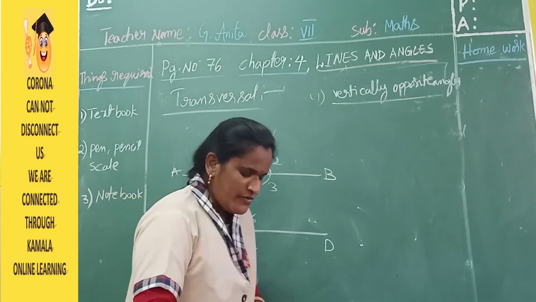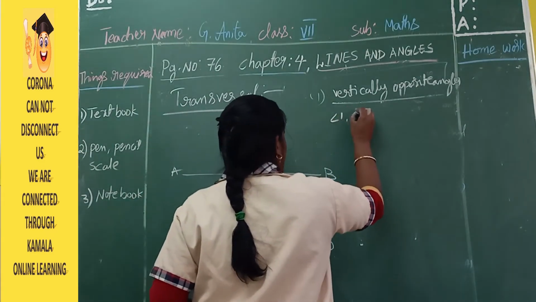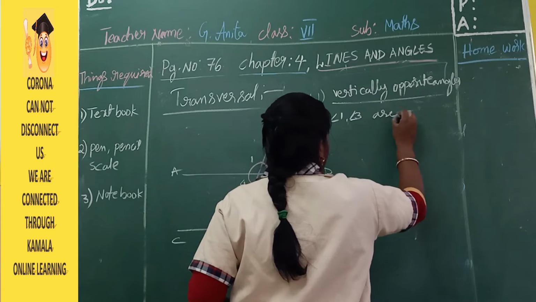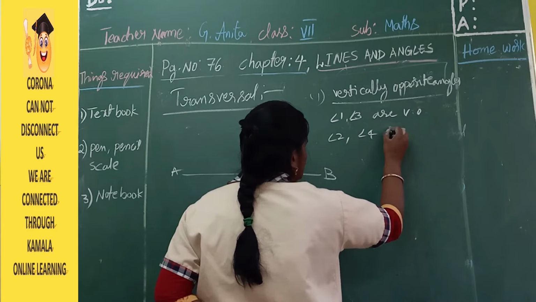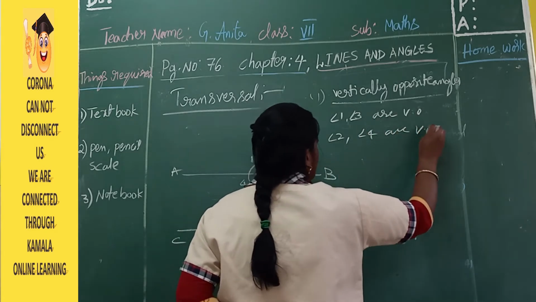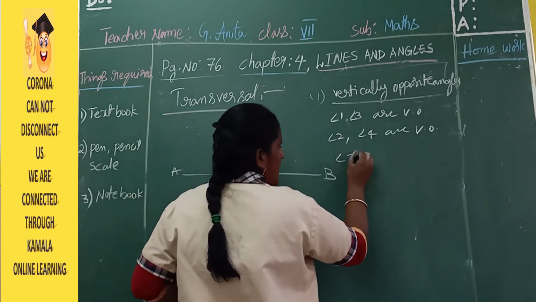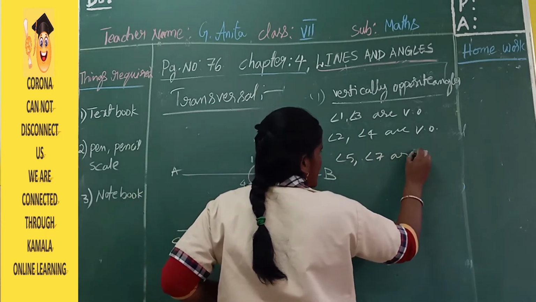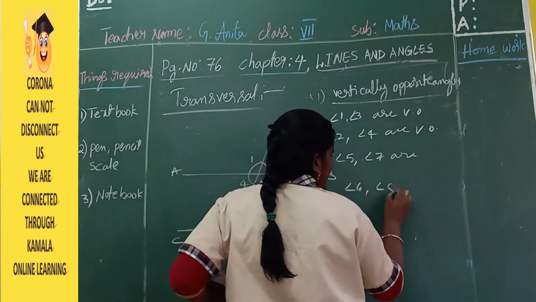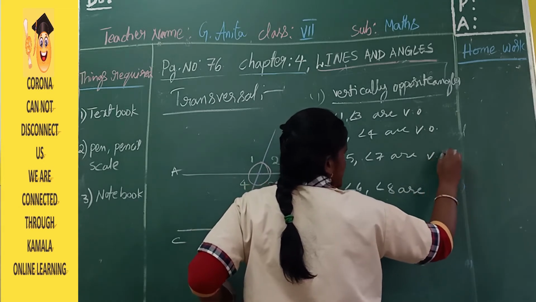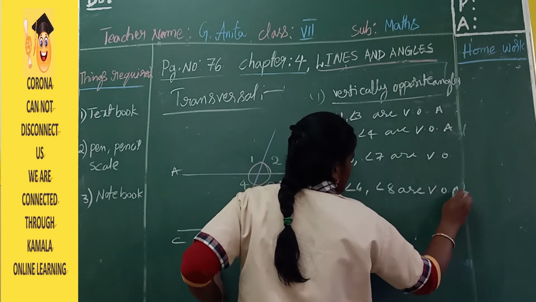You have to mention here which are vertically opposite angles. So angle 1 and angle 3 are vertically opposite angles, and angle 2 and angle 4. Angle 5 and angle 7, angle 6 and angle 8 are vertically opposite angles.